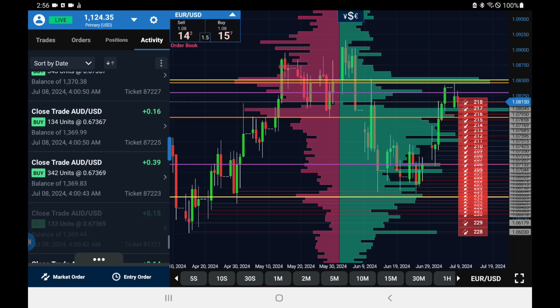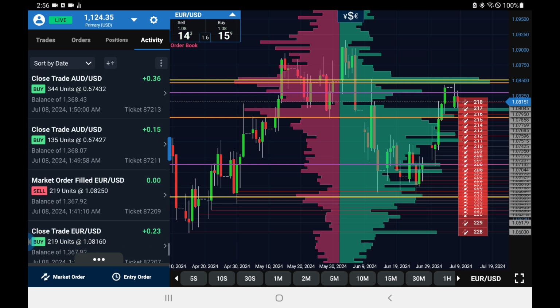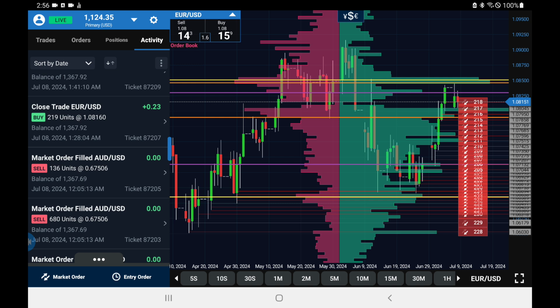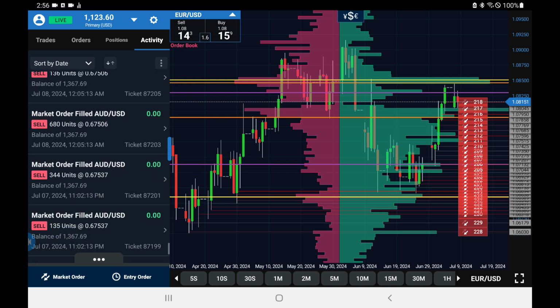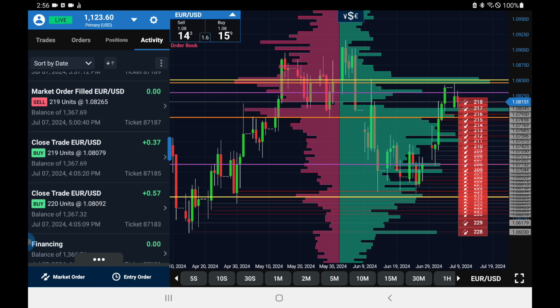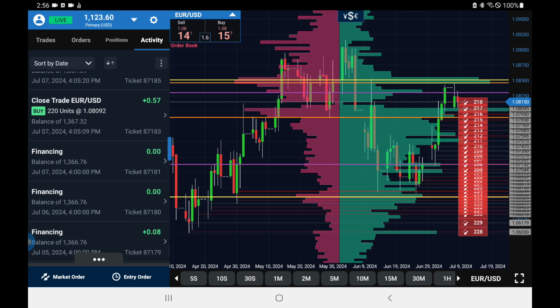And that is one of the situations when you have this kind of strategy, is tracking the number of orders you're actually placing. Okay, financing. You can see I didn't get charged any financing rates because of the weekend. So let's go see if I can find yesterday's financing.